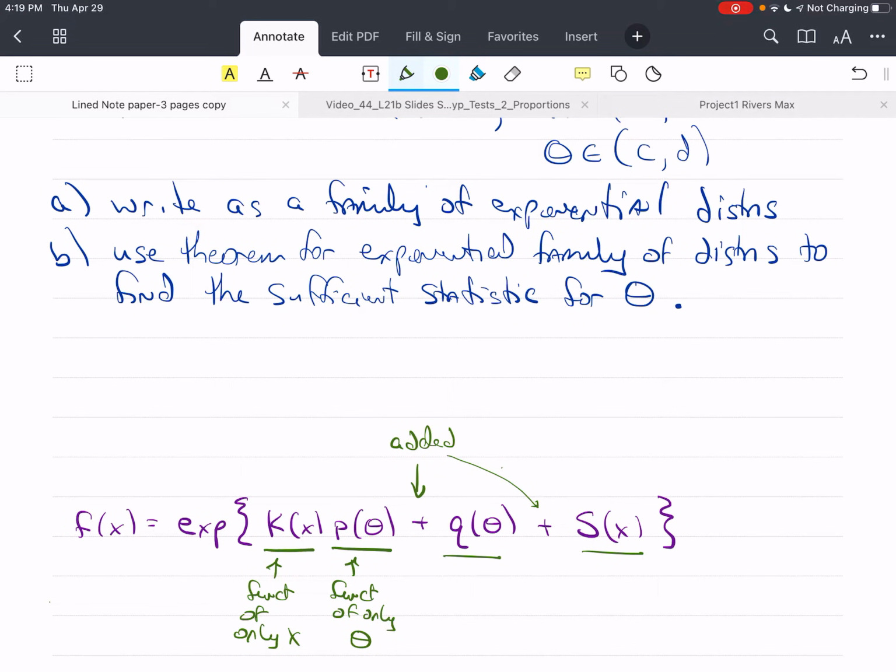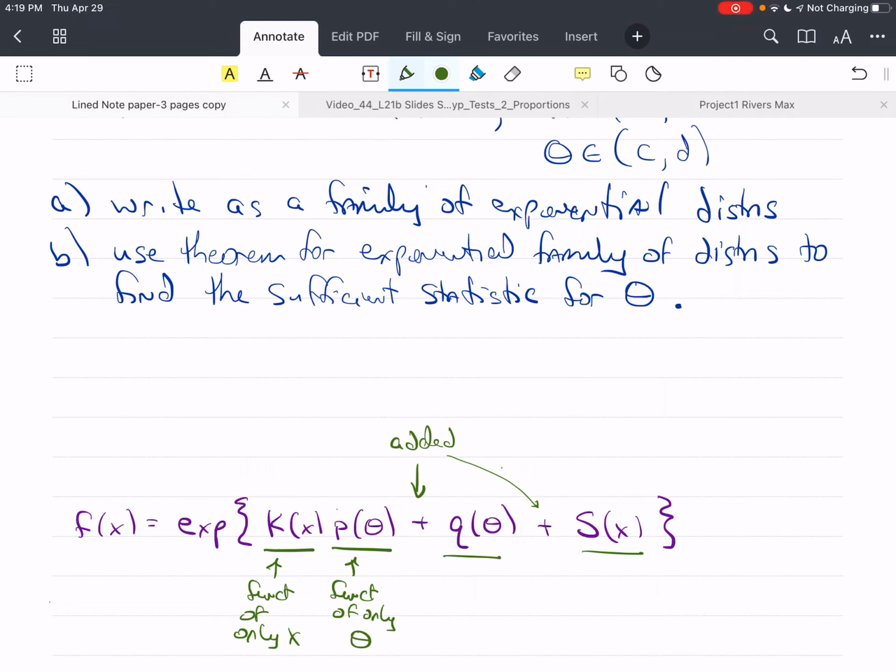So there can't be any mixing of theta and x. X has to be a function that can be separated from the function of theta. It can't be like p of sine x, theta x or something where you can't separate them.